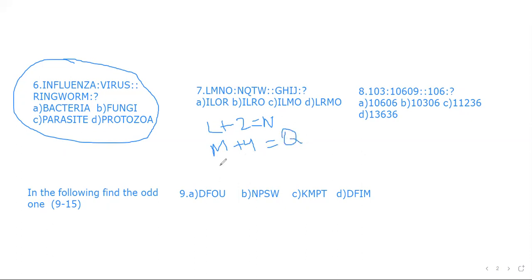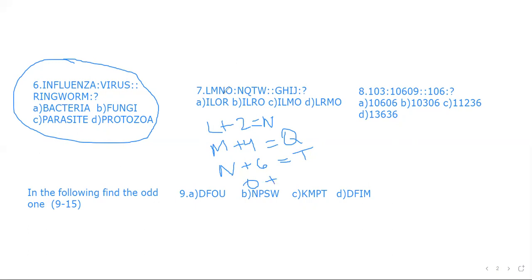Now let's see N. N and T, I have to add MNO, O, P, Q, R, S, T means 6 steps I have to go. You can verify by yourself. N plus 6 is nothing but T. O and W, definitely plus only.